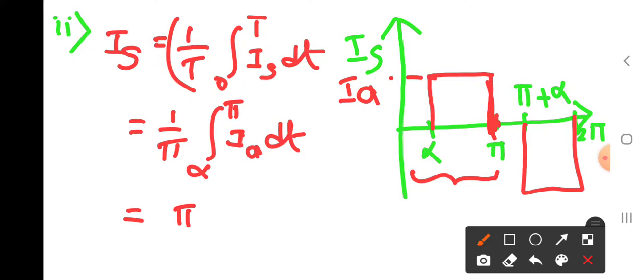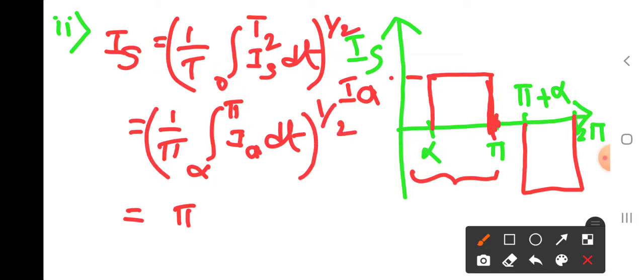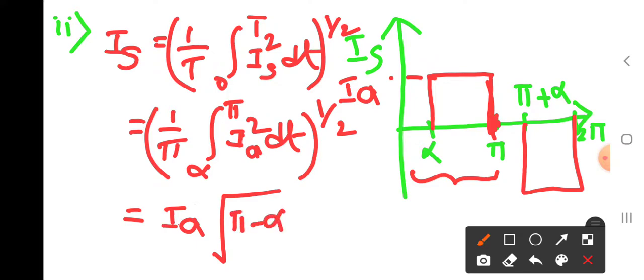We need to find the RMS value, so we square it and take the square root. Hence IA, taken common, into the square root of pi minus alpha by pi.